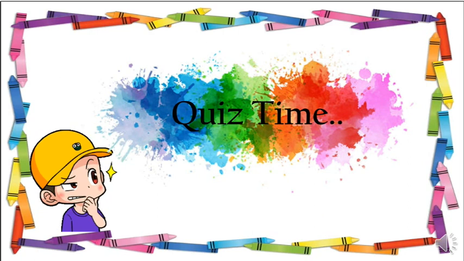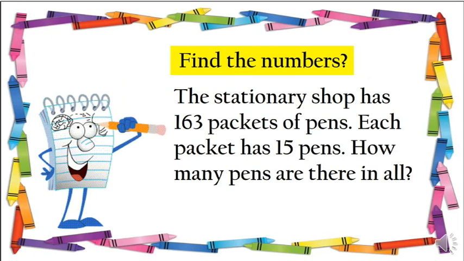Quiz time! Let's check whether you have understood the steps or not. So kids, here is the first question. I will explain the word problem. The stationery shop has 163 packets of pens.